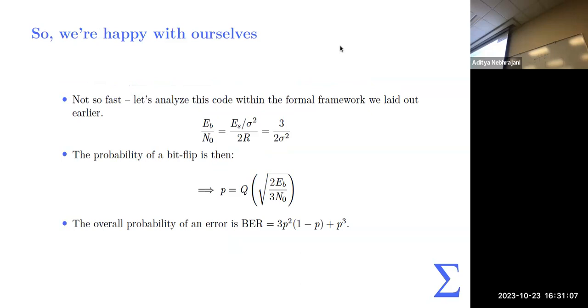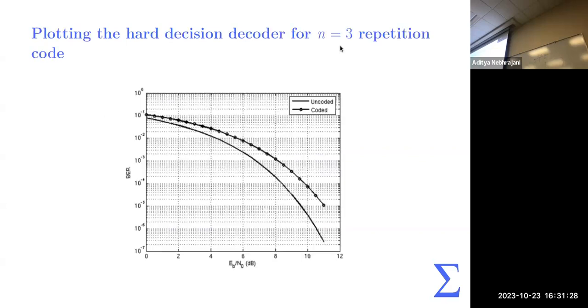And this is the probability of a single bit flip. But to actually create an error in our coding, the bit error rate is slightly different. It's this, right? This represents the probability of 2 bits flipping but 1 bit not flipping, or all 3 bits flipping. Makes sense? So that's the overall error rate.